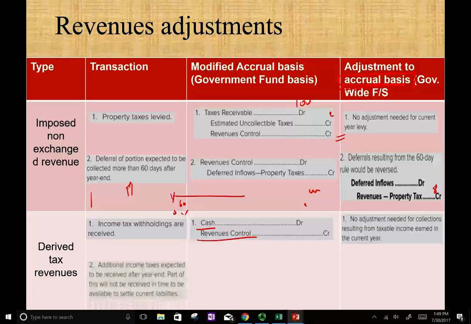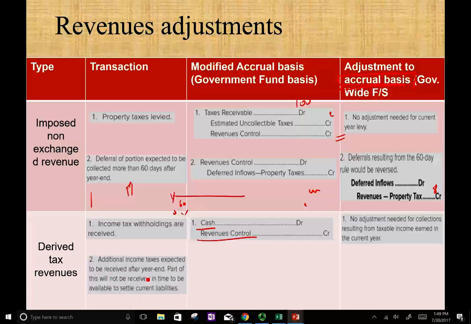Now, what's going to happen is additional income expected to be received after year end. Part of this will not be received in time to be available to settle current liabilities. The same exact concept. We can recognize all income tax withholding plus 60 days after. What happened to the amount that we are expected to receive after the 60 days?